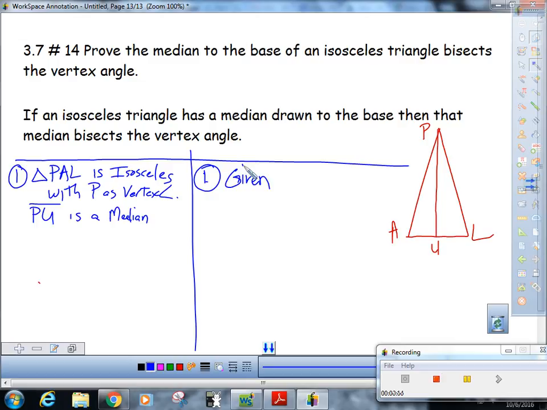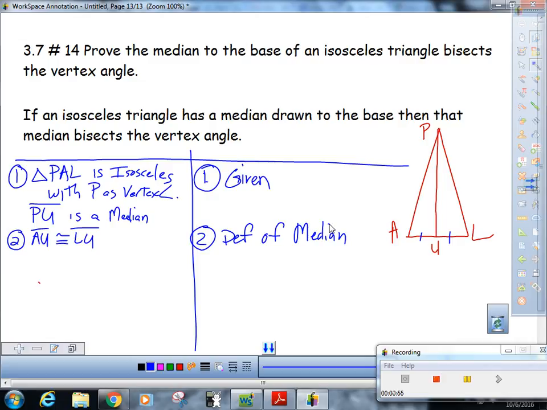Okay, now what is a median? A median bisects the opposite side. It's a segment that starts at a vertex and travels to the midpoint of the other side. So, now I can say that AU is congruent to LU, or UL, and that would be definition of median.